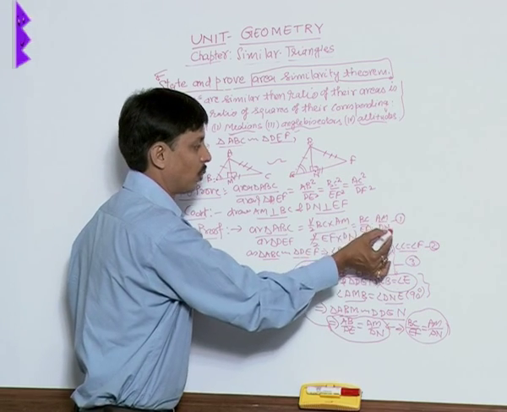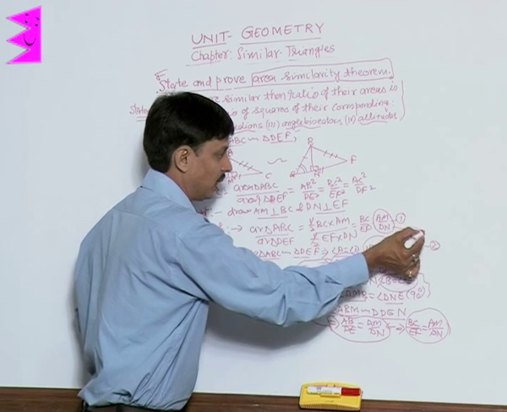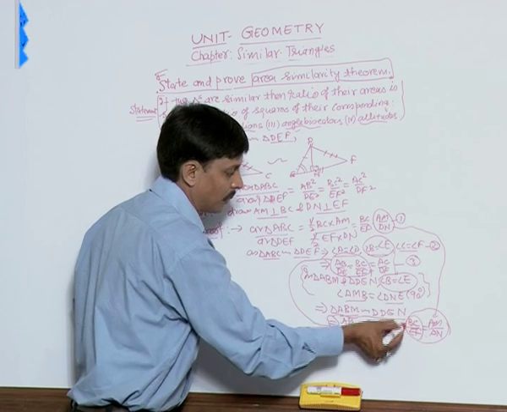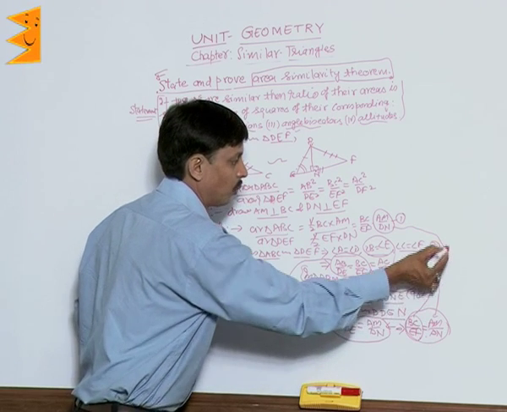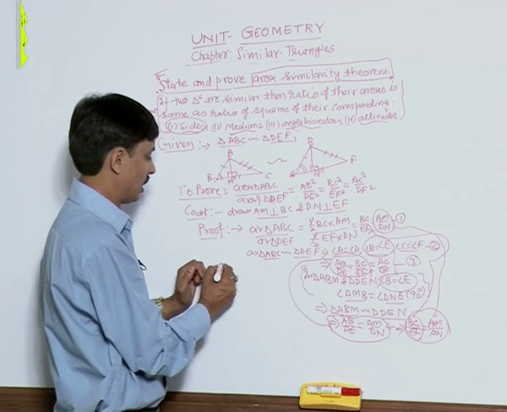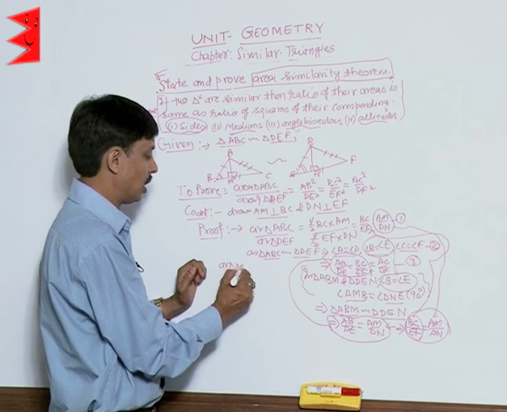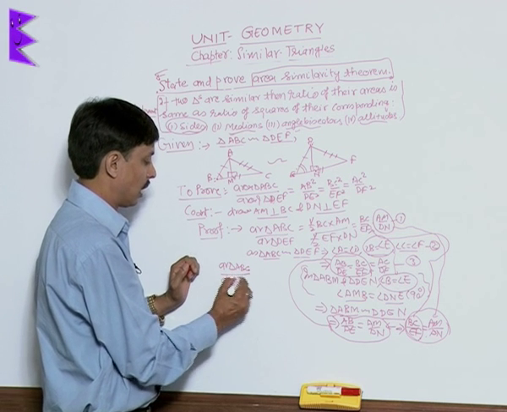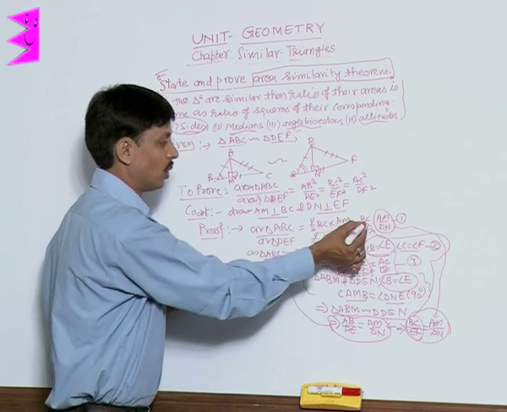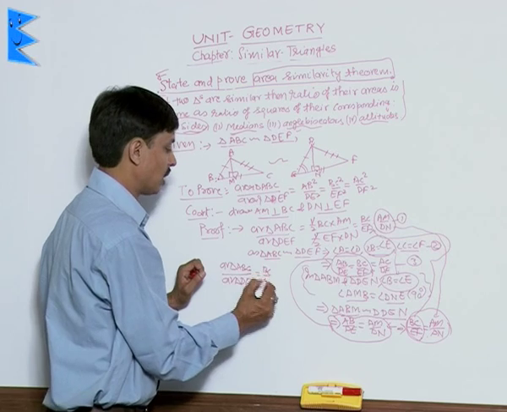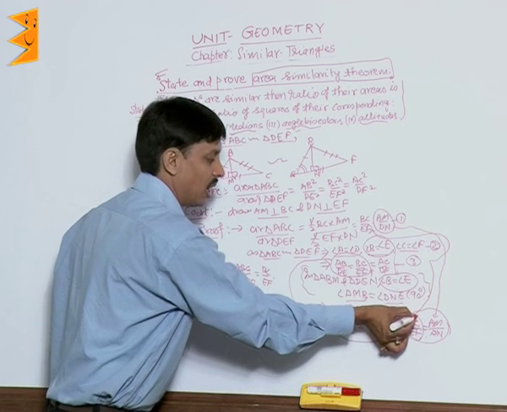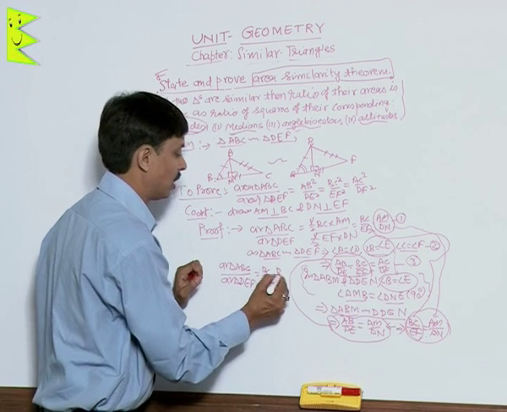So in equation number 1, in place of AM upon DN, if I replace it by BC upon EF, this result will convert to: area of triangle ABC upon area of triangle DEF is equal to BC upon EF, and in place of AM upon DN, I write BC upon EF again.